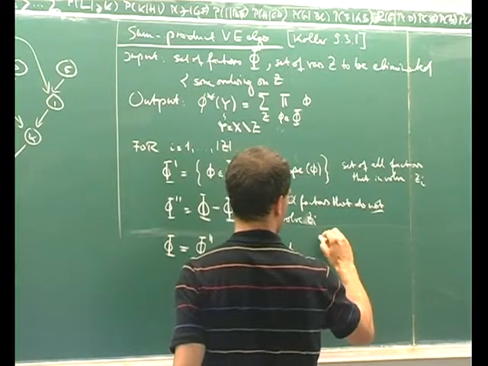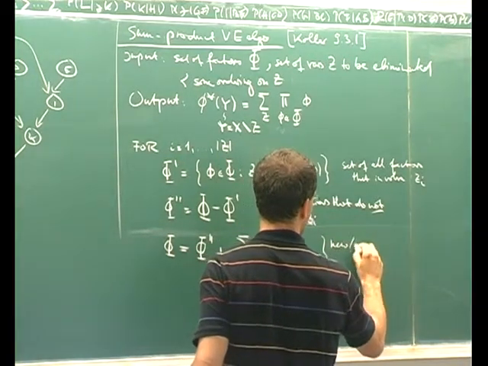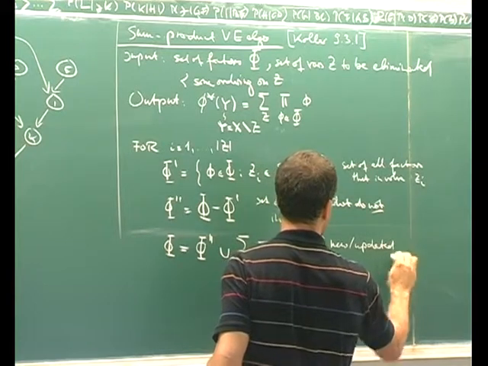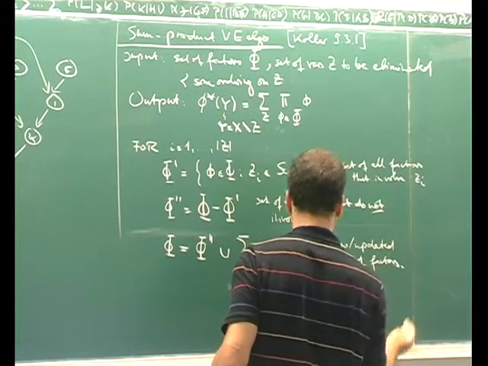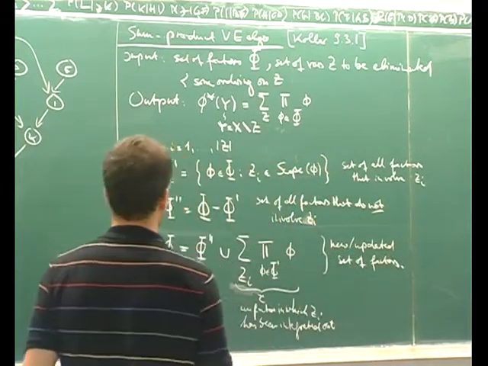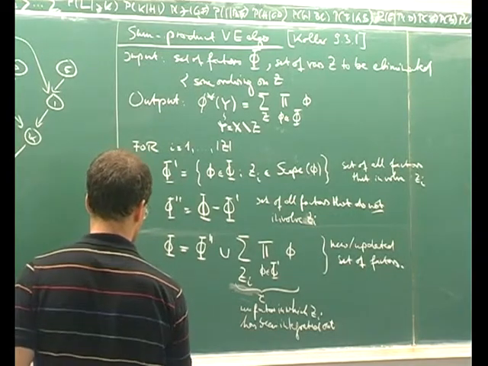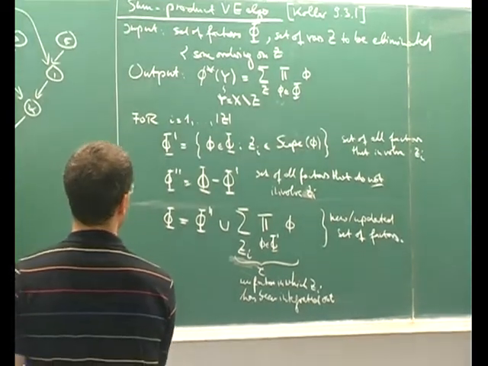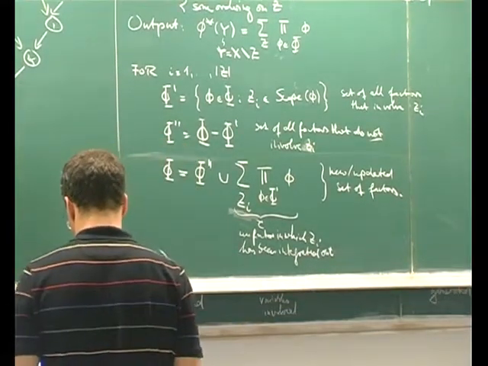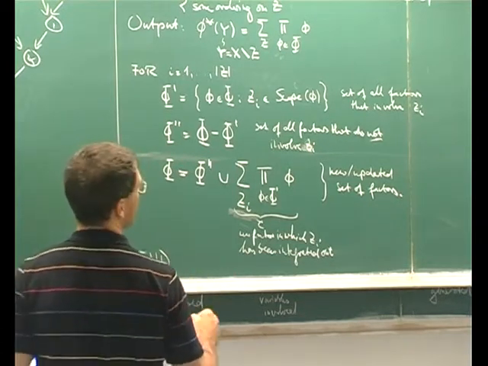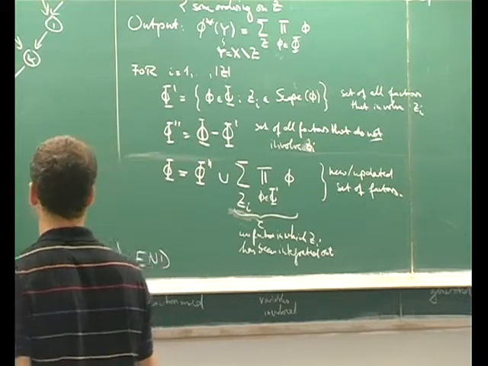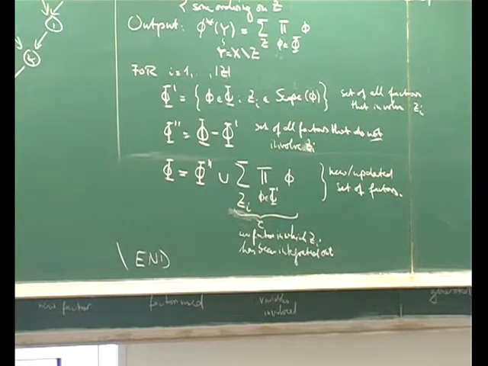So altogether, this is the new or the updated set of factors. And we do this, this loop goes over all variables that should be eliminated, and at the end, so there should be another line after the end, we construct what should be returned, namely the output factor.